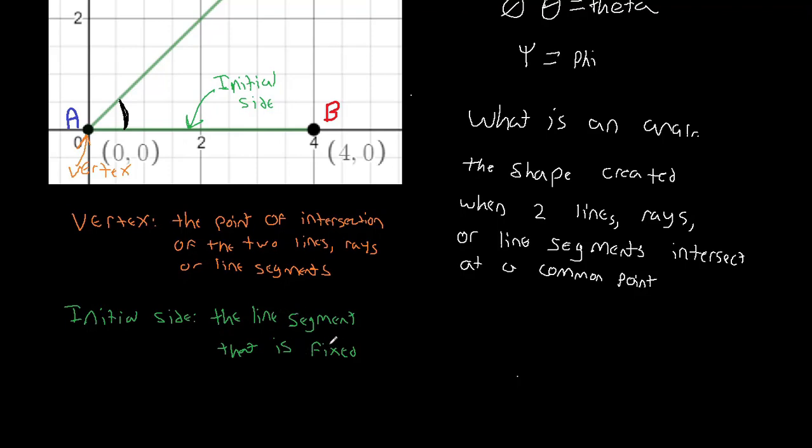Now, I know that this doesn't make a whole lot of sense right now, but the idea is that we're going to pick one line segment and have that be our starting line segment. So this is another way of saying our starting line segment.